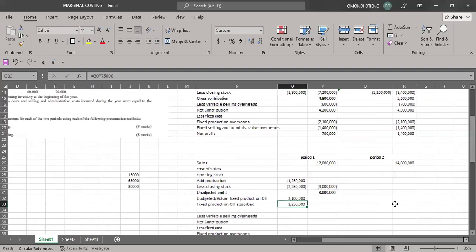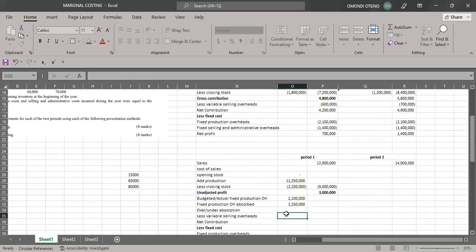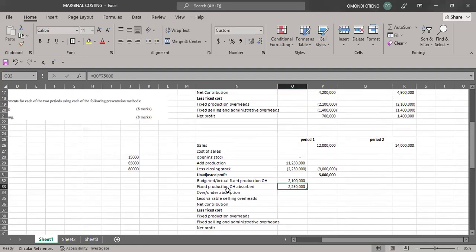Now my question is, I want us to get the over or under absorption. If the real expense is 2,100 and what you've actually recorded as an expense is 2,250, what has happened?